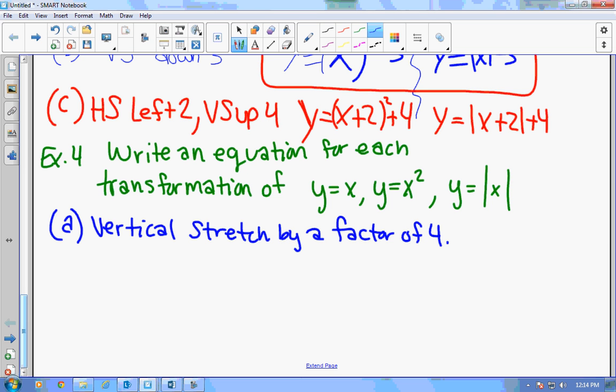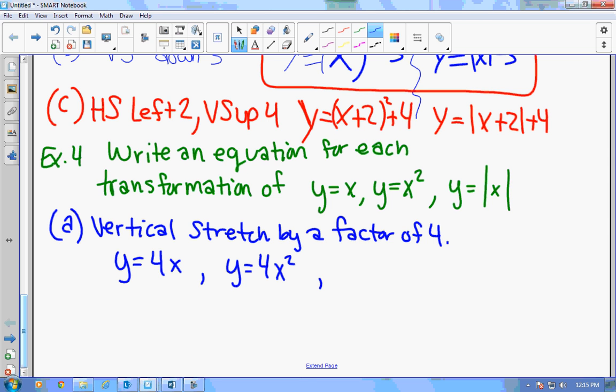Okay? Where does the 4 go if it's a vertical stretch? Right after y equals, it's a multiplier. So this would look like y equals 4x. The quadratic would be y equals, what do you think? 4x squared.